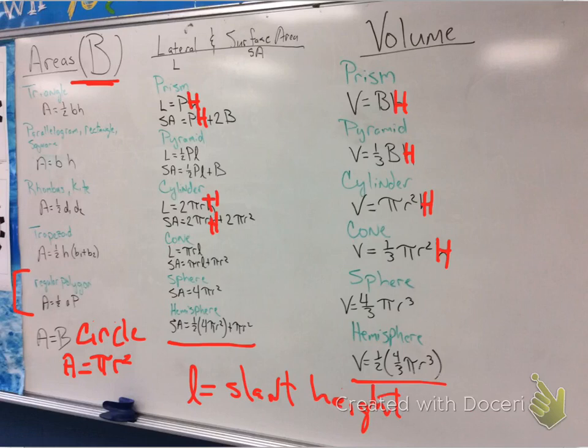If you need an example, draw yourself one and say, oh, there's the slant height, however you need to do that. Capital H is the height of the prism, whereas little h is the height of the base. So keep those in mind.